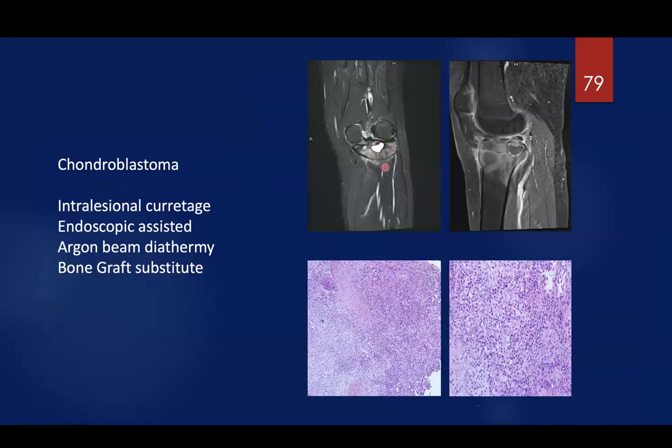Now, I'll give you just a simple hint on how to differentiate, it's not our subject here, but it's because I showed you this MRI. Chondroblastoma gives you a very wide bone marrow edema around the tumor. Well, clear cell chondrosarcoma, which is another differential diagnosis of an epiphyseal-based lesion, typically has no perilesional edema, which is exactly the other way around.